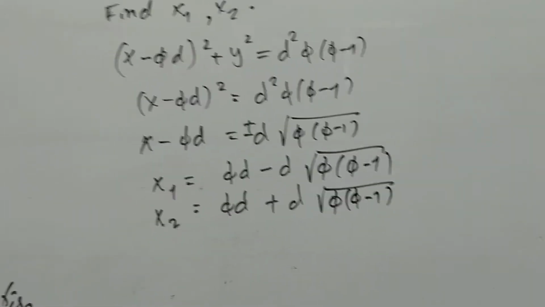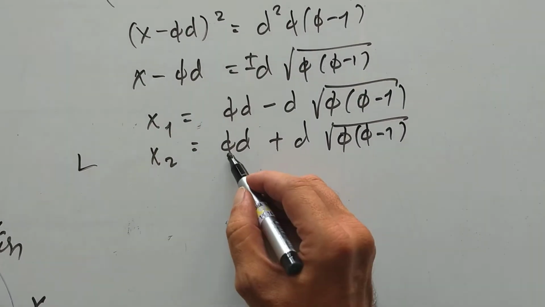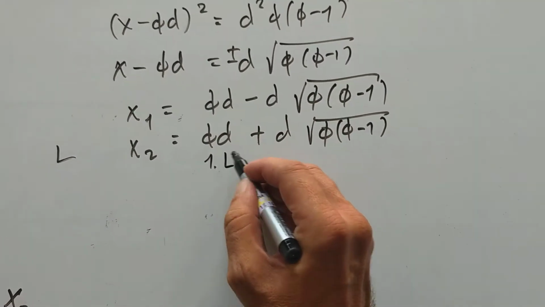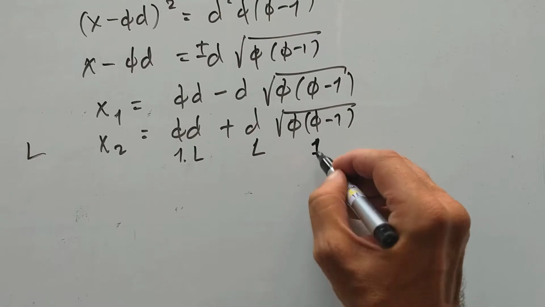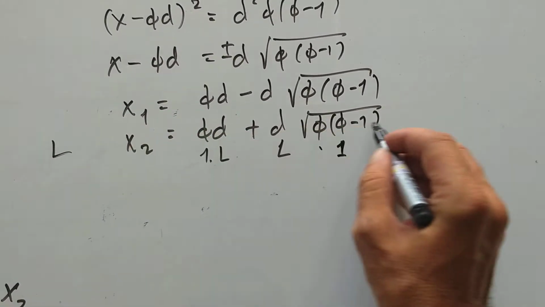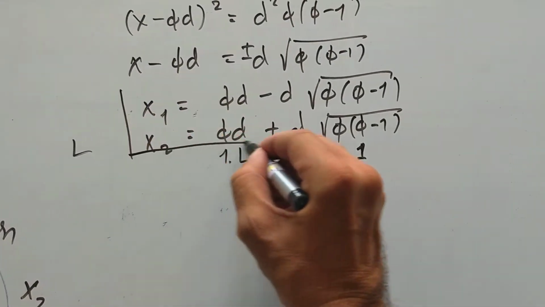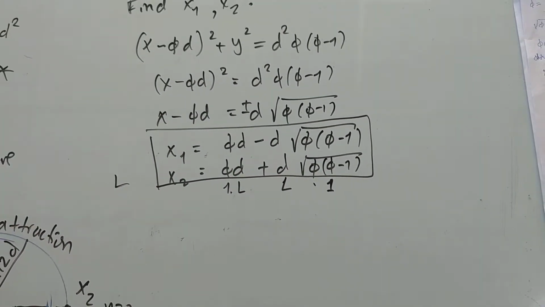Now, let's look at the dimension. The dimension of this is length. The dimension of this is dimensionless. This is 1, and this is length. This is length, and this factor here is dimensionless. It has dimension 1. So everything on the left and right has dimension length. So we're okay. Beautiful solutions.